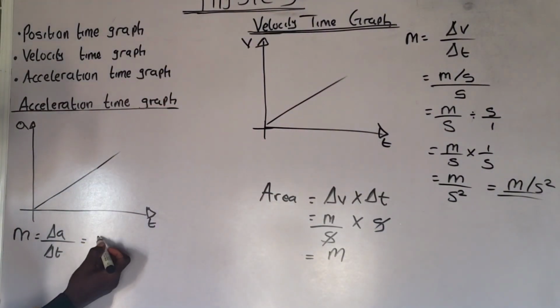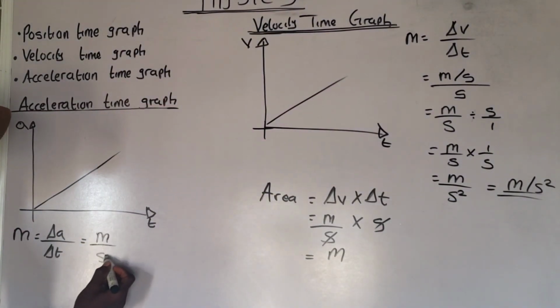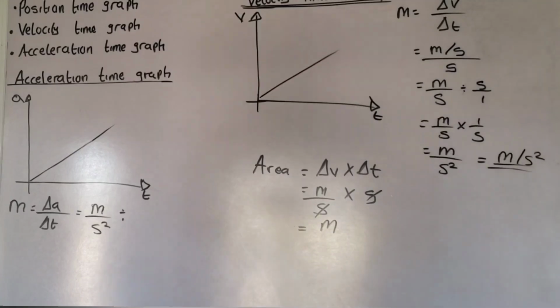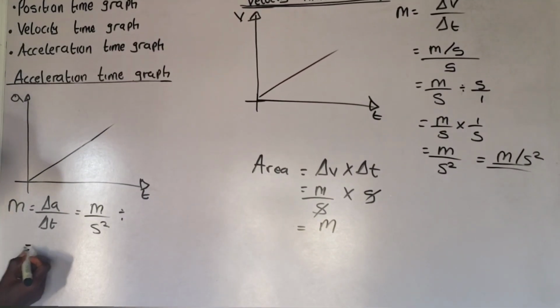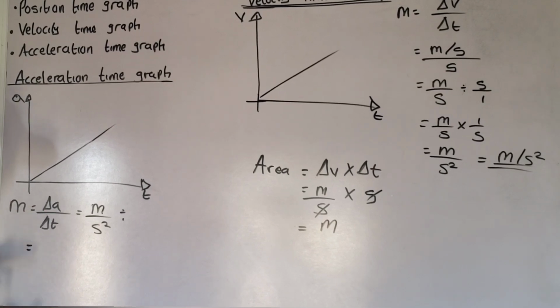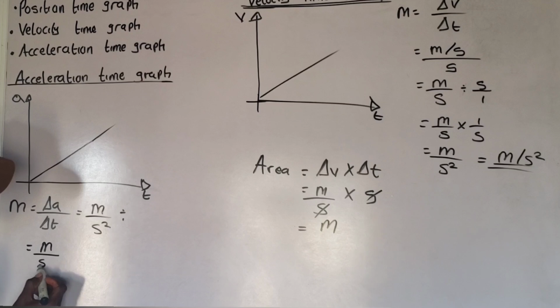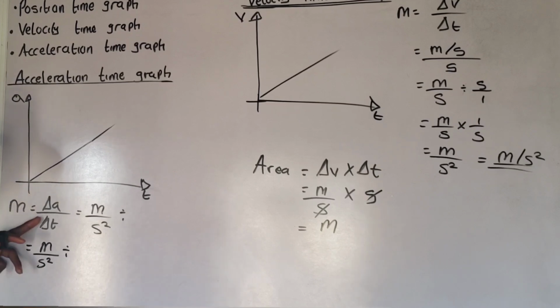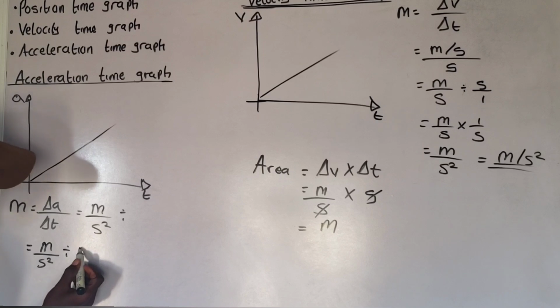So for this, I'm going to have meter all over second squared divided by, okay, so that you won't get confused, let me write it here. The unit of acceleration is what? Meter per second squared. So I'm going to have meter all over second squared divided by the unit of time. The unit of time is what? Seconds.